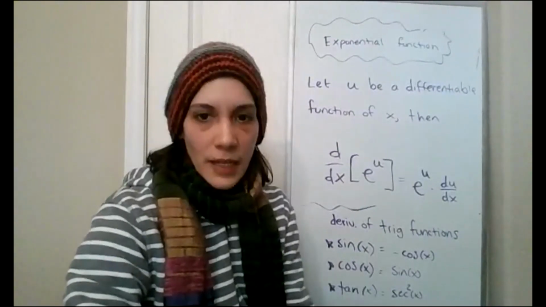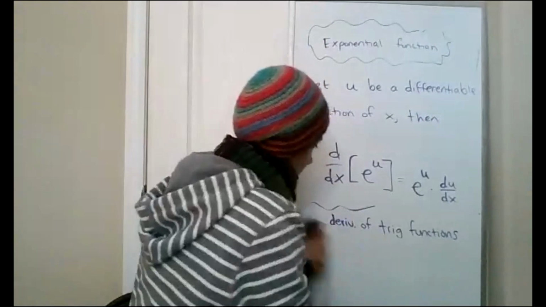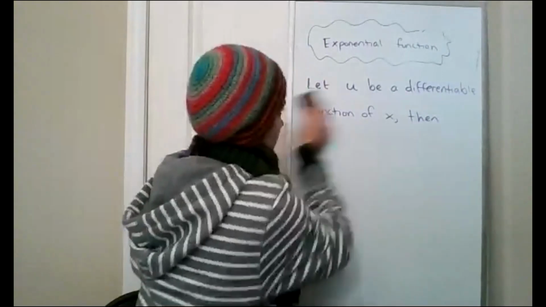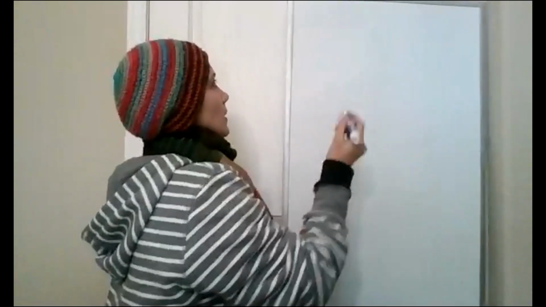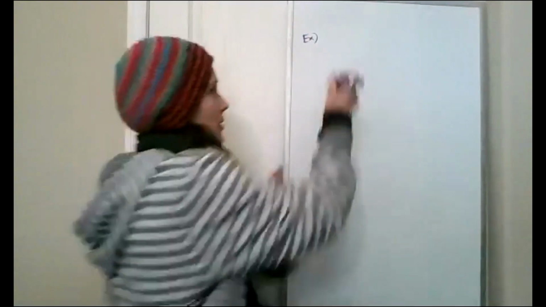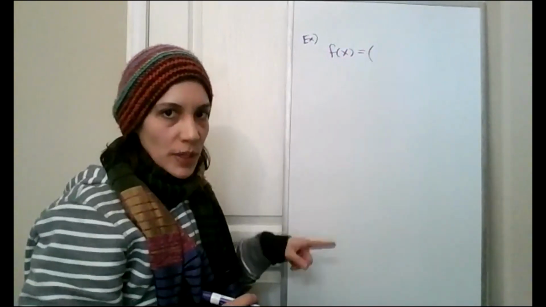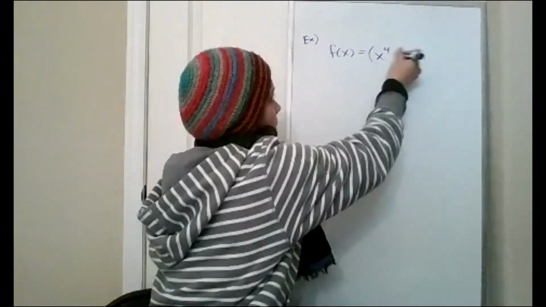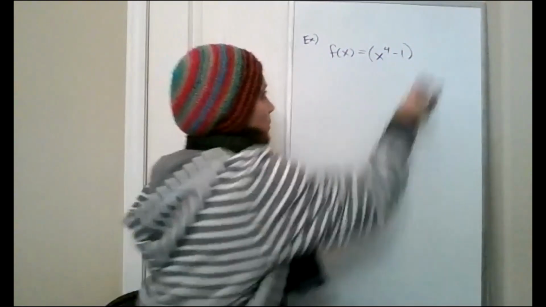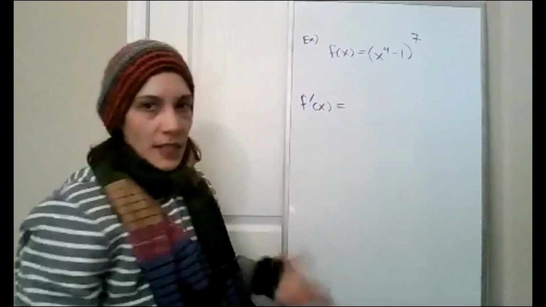Okay, so I've got one ready. We have f of x equal to the quantity x to the fourth minus 1, and that all has power 7. Okay, so we'll take the derivative.